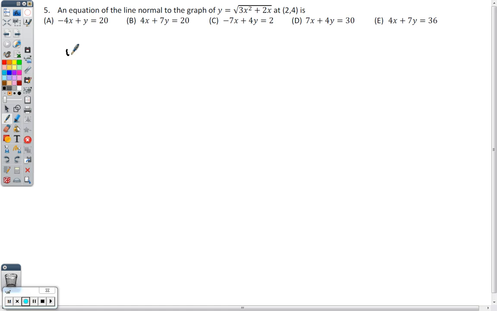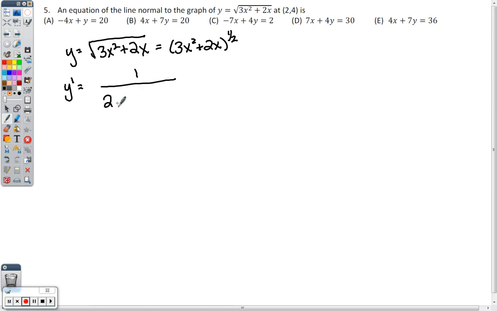So if y equals the square root of 3x squared plus 2x, then y prime equals... the derivative of a square root, right? You can write this as 3x squared plus 2x to the 1/2. And then the 1/2 comes down, and you end up with 1 over 2 root 3x squared plus 2x.